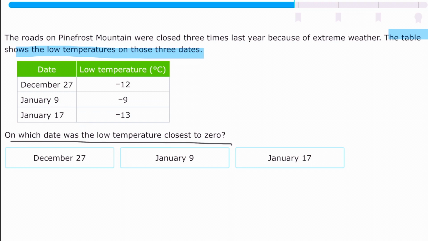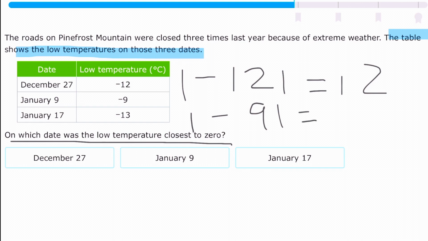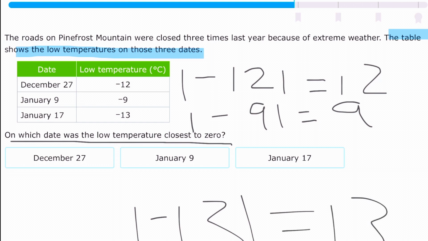Okay, so absolute value of 12 is 12. Absolute value of negative 9 is 9. And the absolute value of negative 13 equals 13. So, which is the closest to 0? Well, 9, because it's the smallest number.